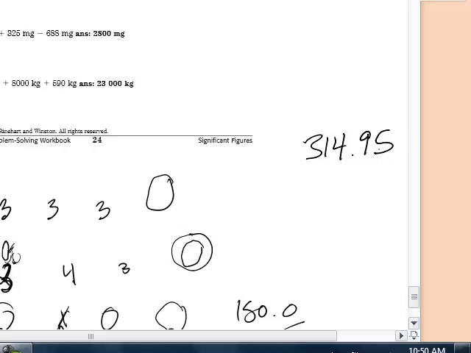Okay, so I have to round that to how many places past the decimal? Well, actually, I'm going with the significant digit rule now because I'm not adding. So what's my least number of significant digits? 2. So my answer has to have 2. So it'd be 5.0.